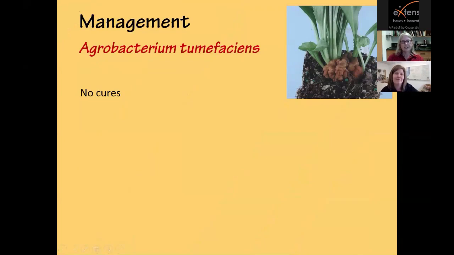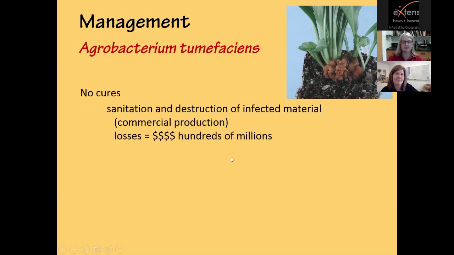So what the heck do you do about crown gall? Well, there's no cures, okay? Once that transformation has occurred in the plant genome, there's no going back. So anything that's infected has to pretty much be destroyed. And I'm talking here pretty much commercial production, because it's a huge, huge problem in the floriculture industry and in many nursery industries that produce woody plant materials, especially apples and cherries and pears.